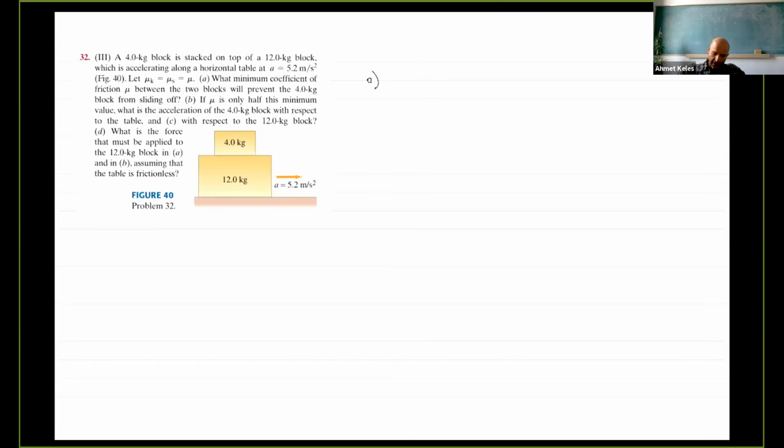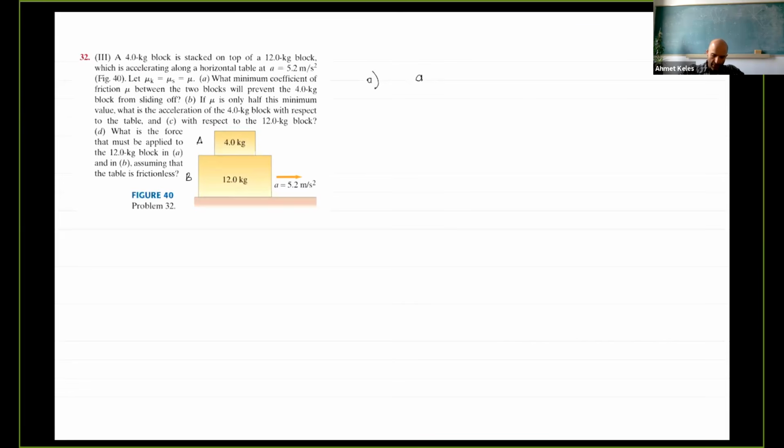Maybe I can talk about a free body diagram of this block. For not having sliding, the acceleration of, let's label these, let's call this block A, and this block B, so it's easy to refer to them.